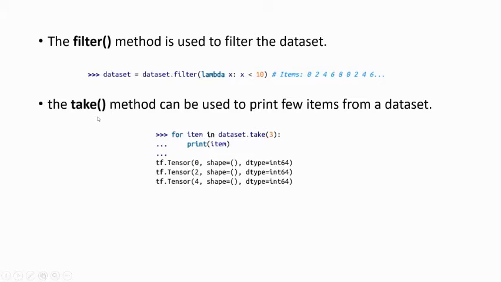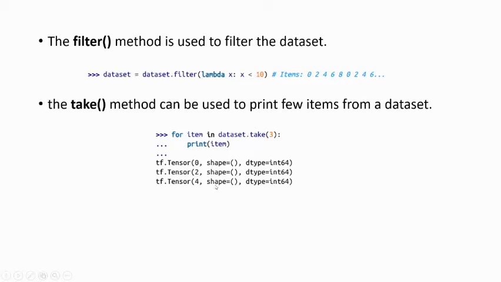And the next method is the take method. Instead of printing all the items in the data set, you can just print the first few items from the data set. That is take of 3. So it will print the first 3 items from the data set.